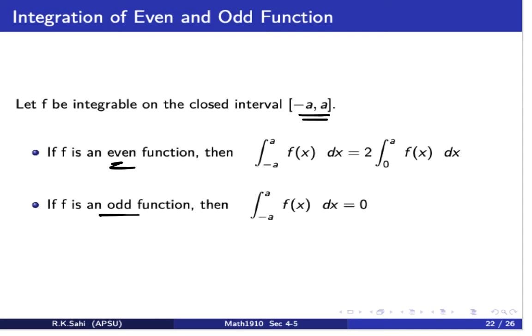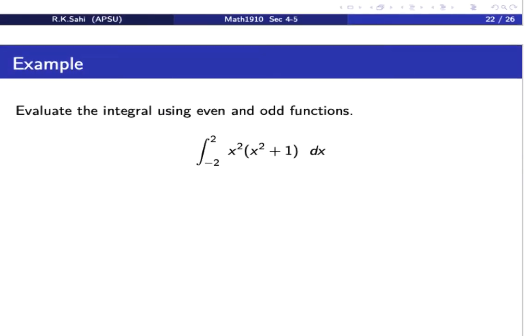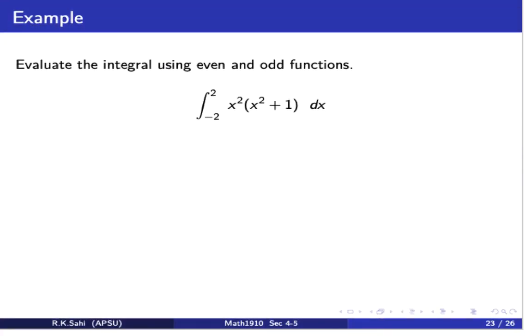Okay, let's look at some examples. We would like to evaluate the integral using even and odd. Now, first thing to notice is minus 2 to 2. Okay, it's good. Now we have to test the function inside. Is it even or odd?